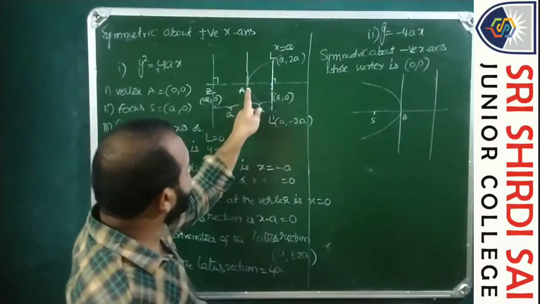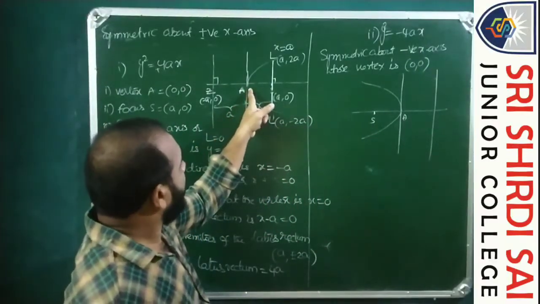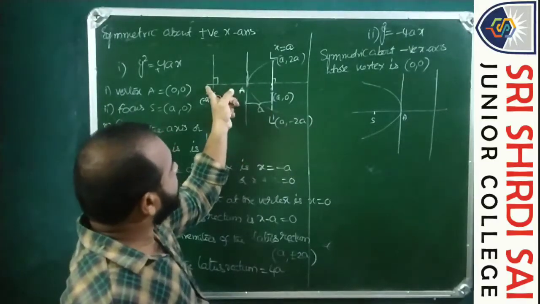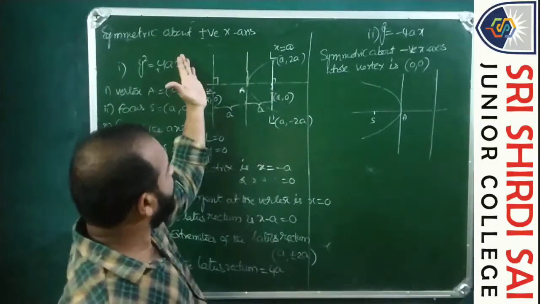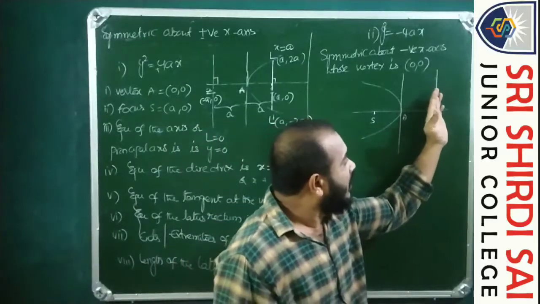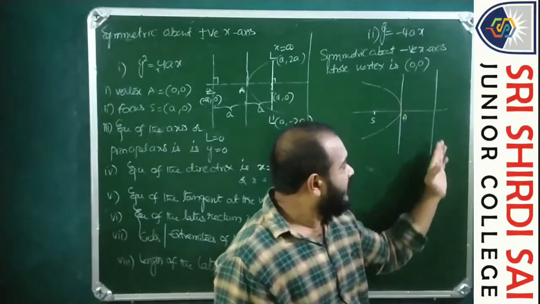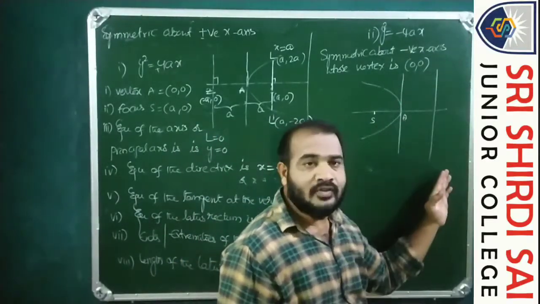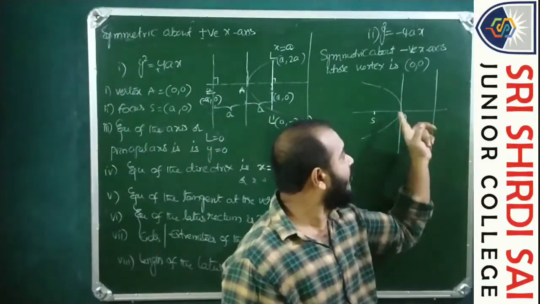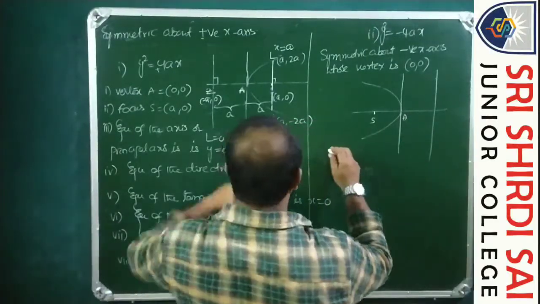Earlier the directrix was lying on the left side of the y-axis. Now this directrix is on the right side of the y-axis. So this is a comma 0.